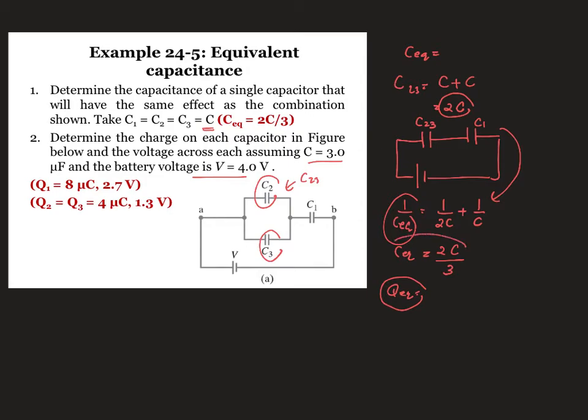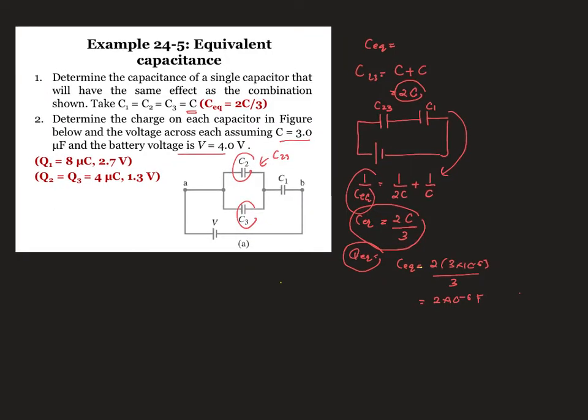So C equivalent will be 2 times 3 micro, which is 10 to the power of -6, divided by 3. Then you get 2 micro farad. Once you find the C equivalent, the next thing you need to do is find the Q equivalent, because the question asks you to find the charge for each capacitor.